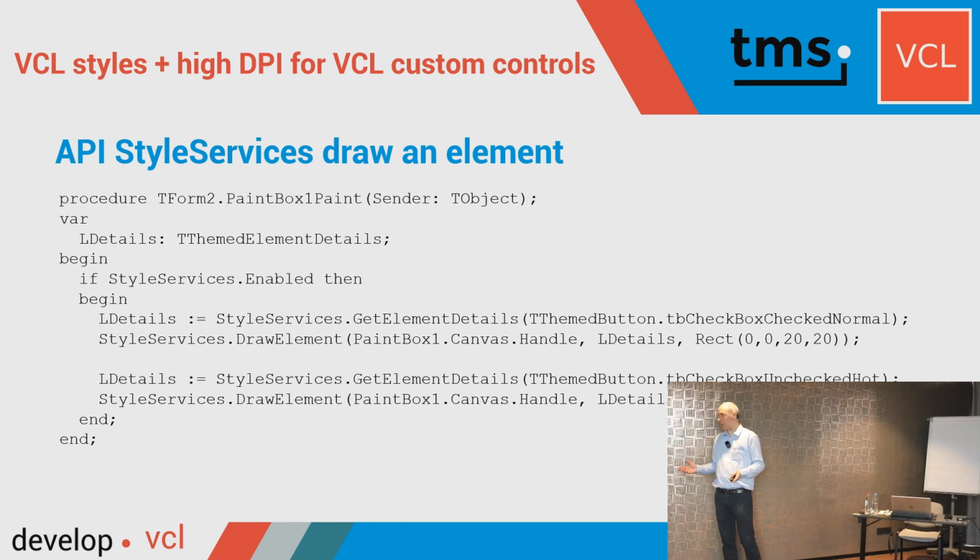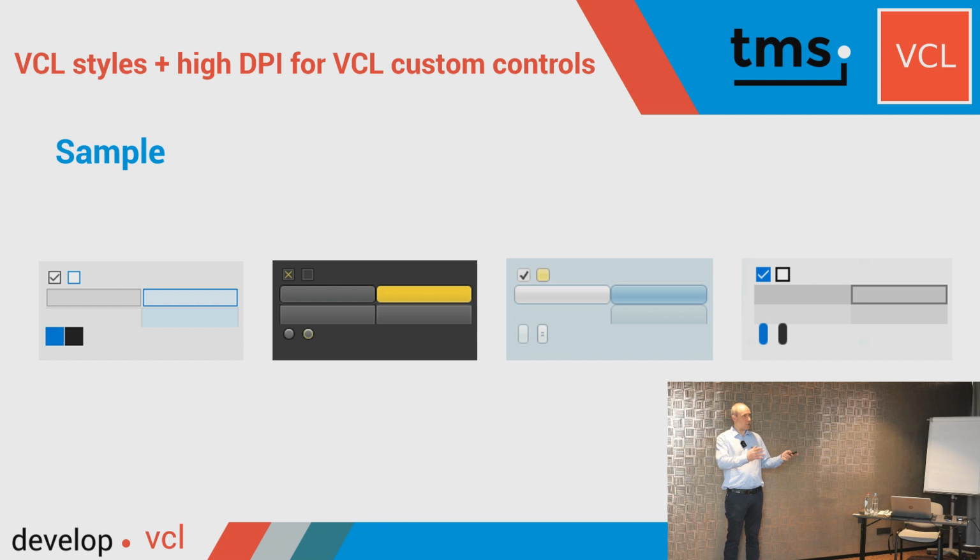And these are the basics to get something done from the VCL styles. And here you can see when I execute that code for different styles for the same elements from controls on the form.